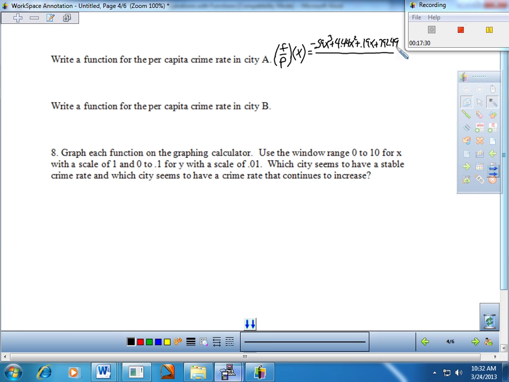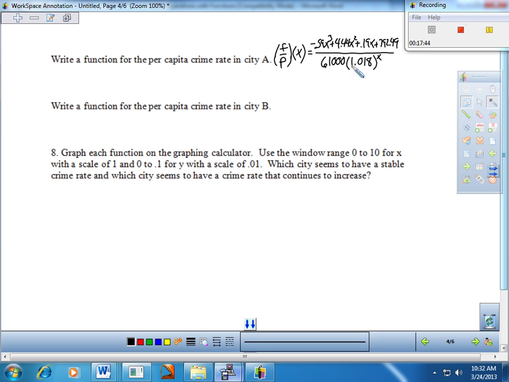Okay, nice. And we're going to divide that by p of x, which was defined as 61,000 times 1.018 raised to the x. Now, it's a pretty comprehensive function here. My goodness. Let's leave it just like that.